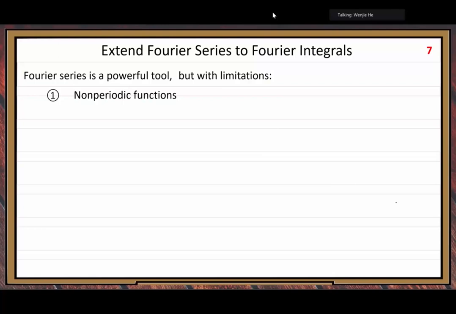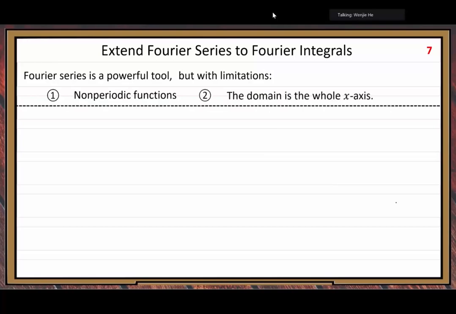But in the real world, most functions are non-periodic. Periodic functions are a relatively small portion. So Fourier series is not good enough as a representation for non-periodic functions. And the domain is the whole axis.